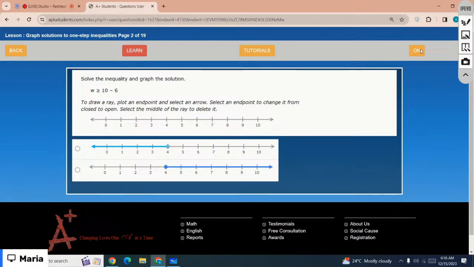Again, the same question. Okay. Solve the inequality and graph the solution. Which is the correct option? W is greater than or equal to 4. Which is the correct option?